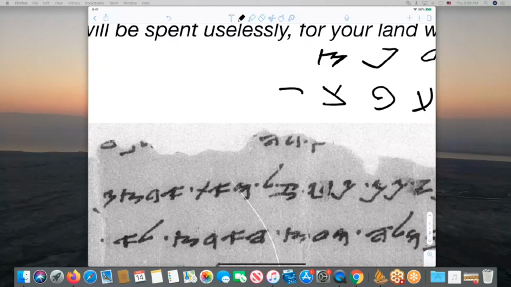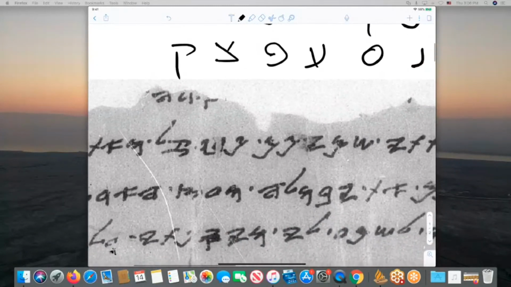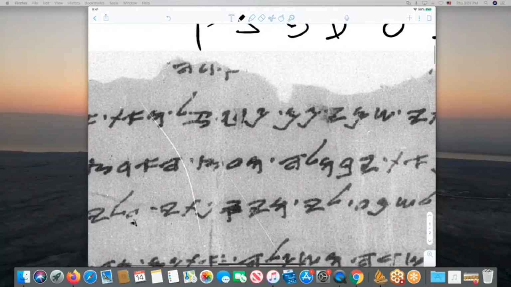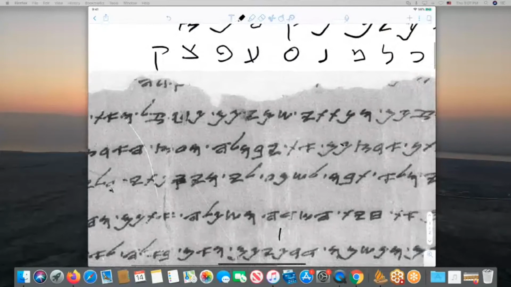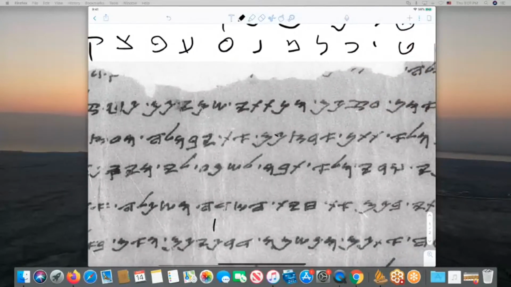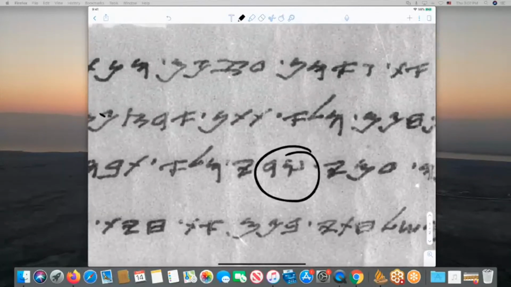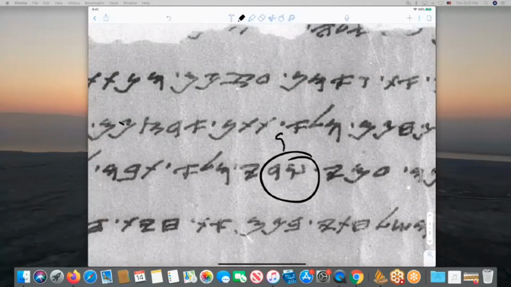Then we have a Kuf. And a Kuf is also a letter that has a couple different ways of being written among the Dead Sea Scrolls, even in the Paleo Hebrew. Here's one right here. It kind of has this interesting little hook look to it.